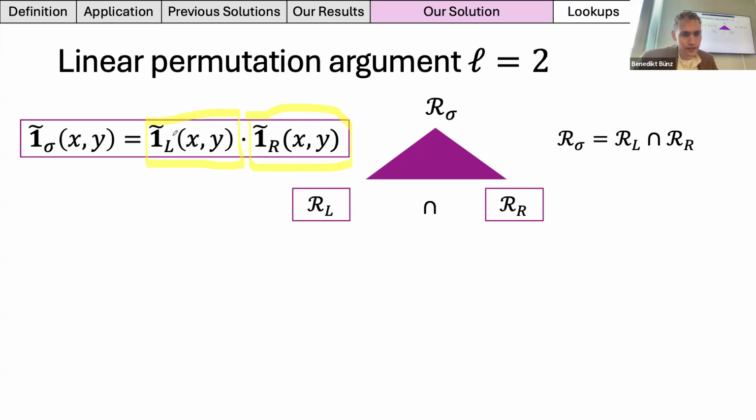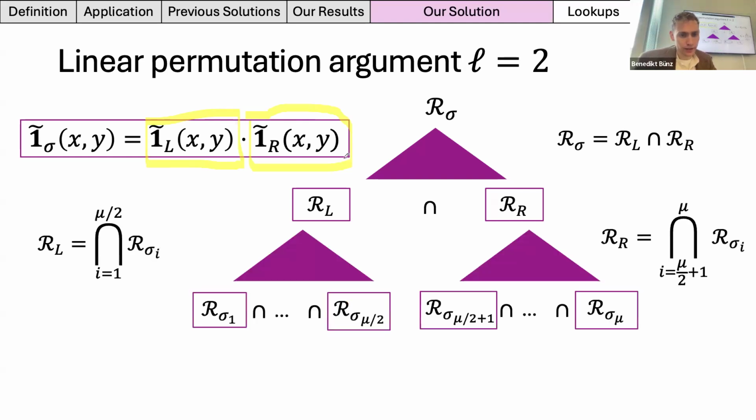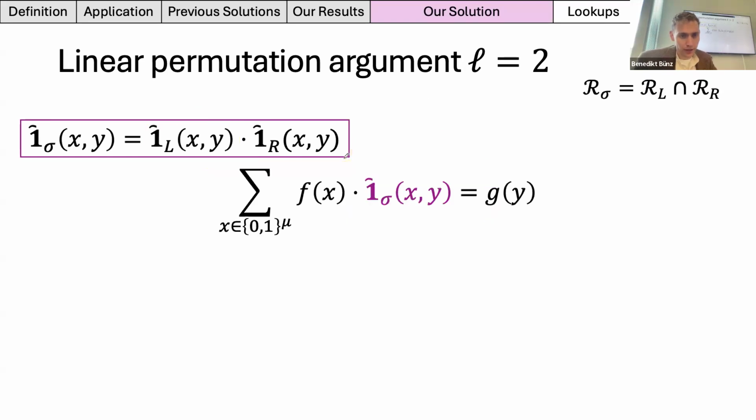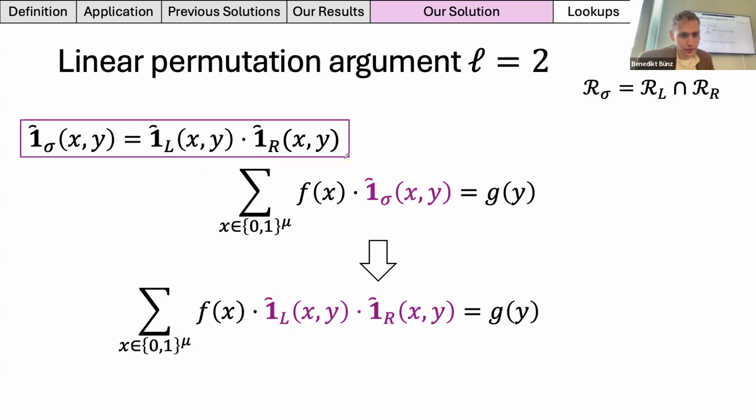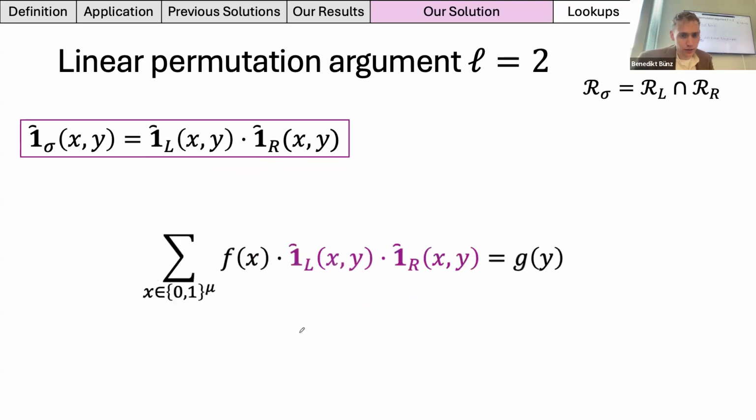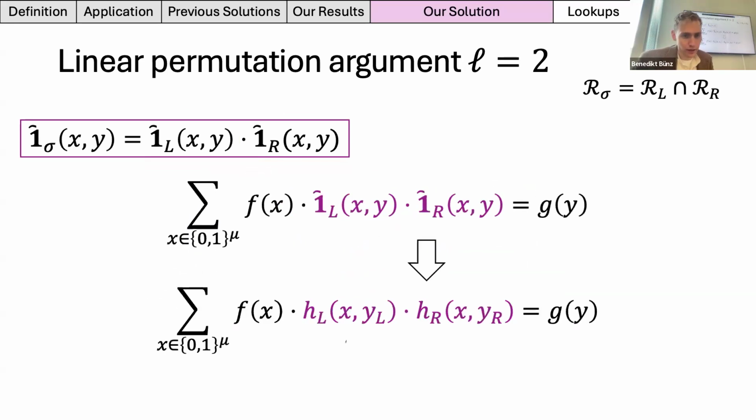Well, basically 1L says that the first half of the bits of Y agree with the permutation of X, and 1R says that the second half of the bits agree with the permutation of X. If I look at this in detail, this one completely ignores the second half of the bits of Y, and this one ignores the first half of the bits of Y. So I can really look at these as multilinear functions in x and yL, and x and yR.